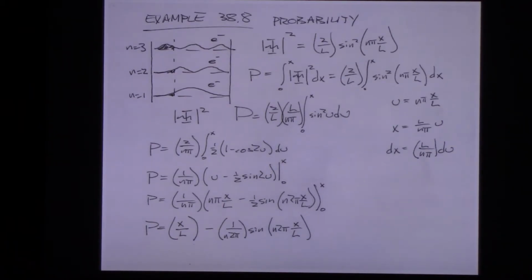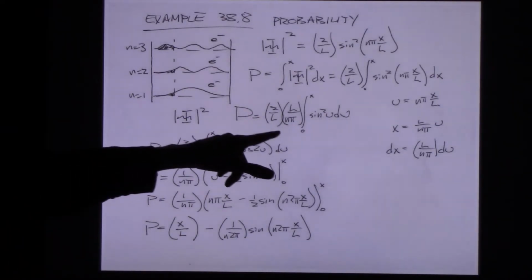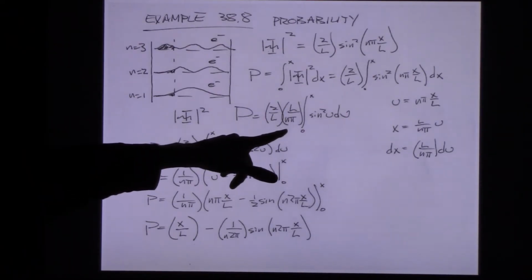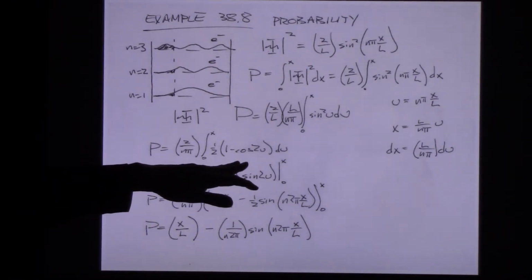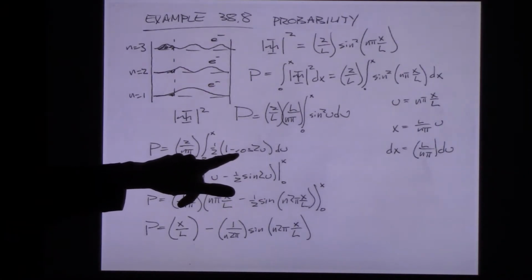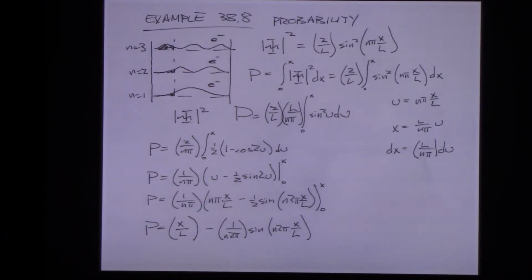The only difference now is instead of integrating over entire cycles, we're going to just integrate over portions of the region. So we can't use our shortcut because it's not integrating over complete cycles, but we can go back and use the 1/2 (1 minus cosine 2u). We can use the trig identity to go back and evaluate this integration.